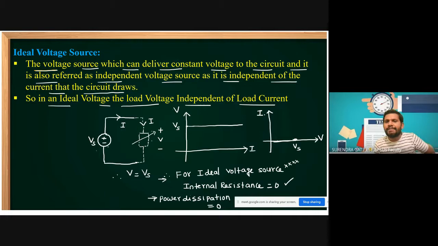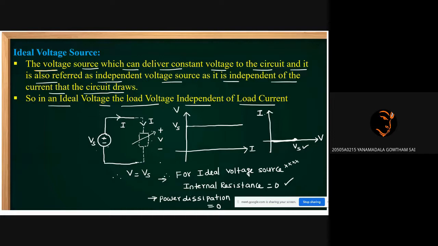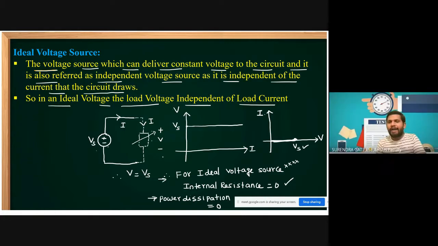You can increase the current to any value, but the value of V is always equal to Vs. At any value of current, the voltage is Vs. For this value of current, V equals Vs. For this value also, V equals Vs. It remains constant. That is the meaning.